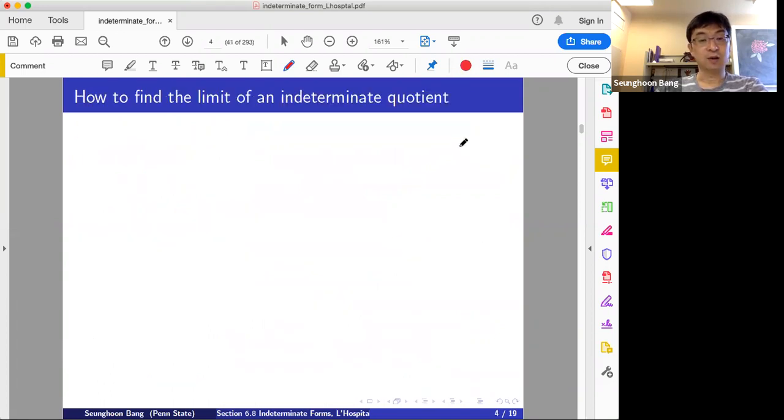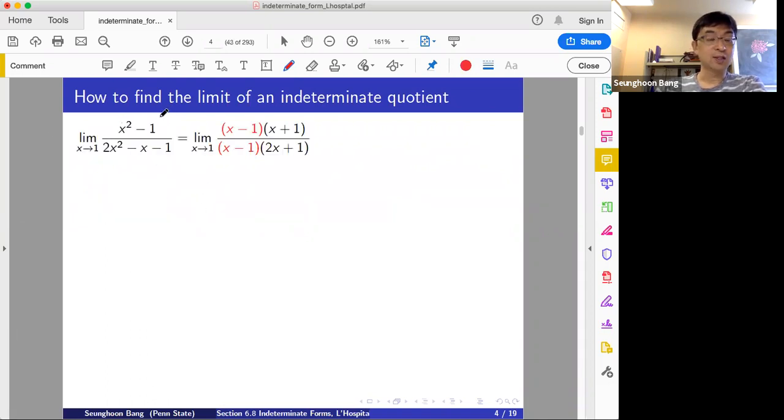How to find the limit of an indeterminate quotient? Like this: you plug 1 into the top and bottom. What happens? 1 squared minus 1 over 2 times 1 squared minus 1 minus 1. This is 0 over 0, exactly an indeterminate form, just polynomial over polynomial. How can you do that? You have to factor.